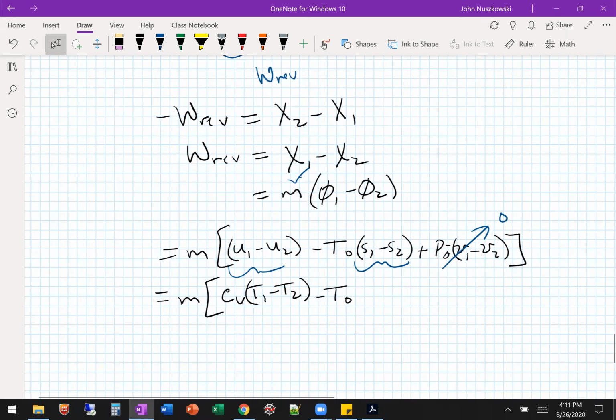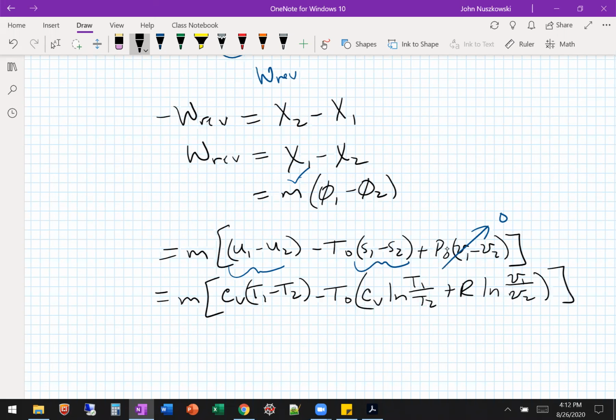So that means we go to delta S for an ideal gas with constant specific heats, and we have two versions of the equations to use. I'm going to use the Cv version. That looks like that, okay?